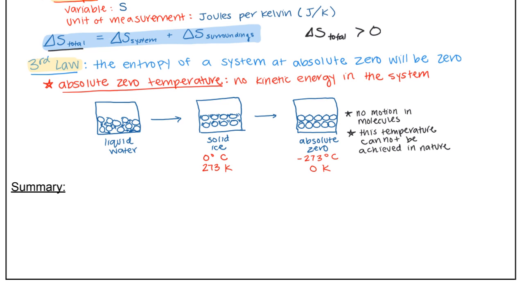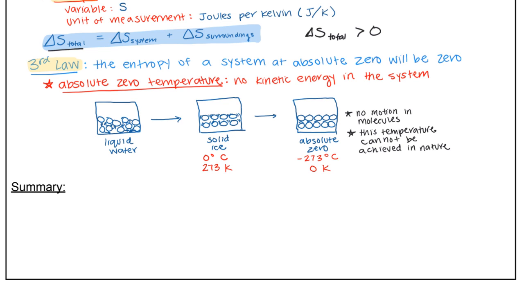So I wanted to depict this. You might be familiar with these particle diagrams from chemistry. Let's start off with this example of water here. We know that water is liquid above 32 degrees Fahrenheit or 0 degrees Celsius. When we think of a liquid, these particles have a decent amount of kinetic energy.